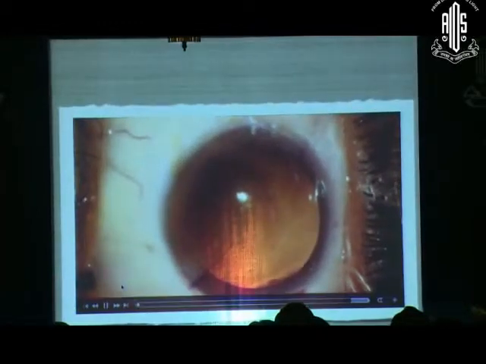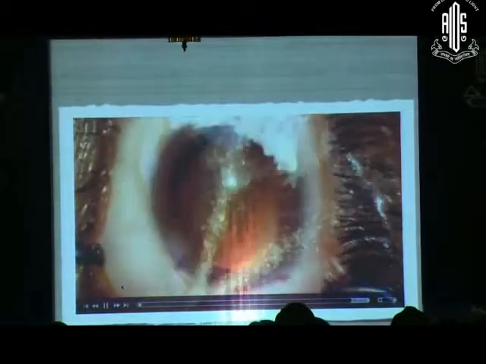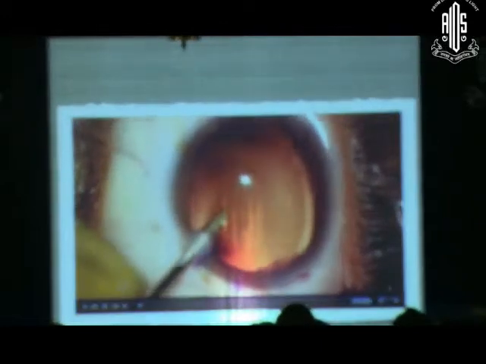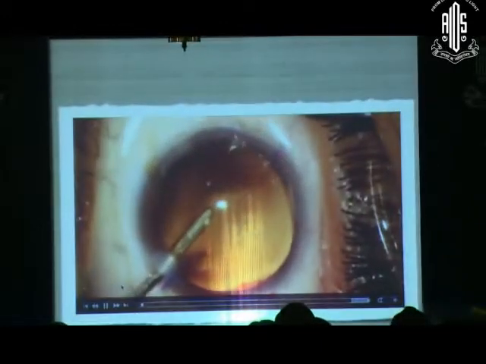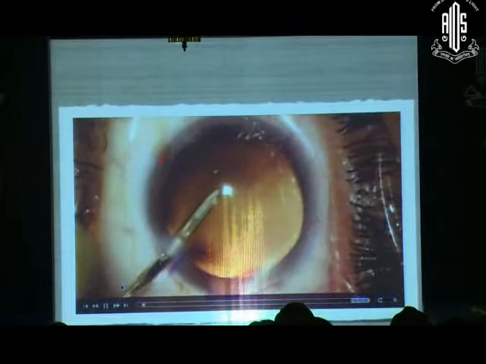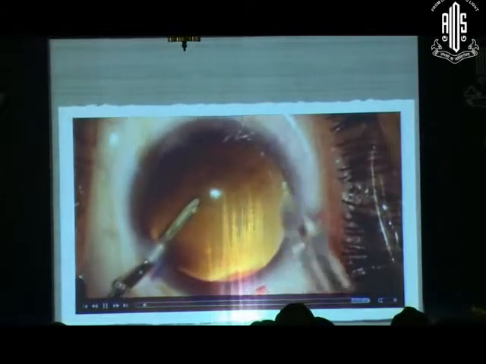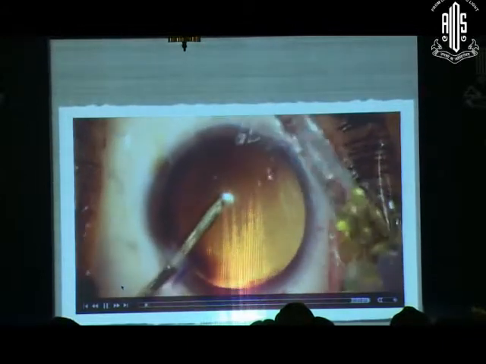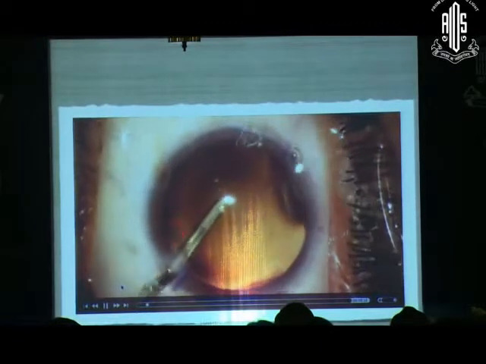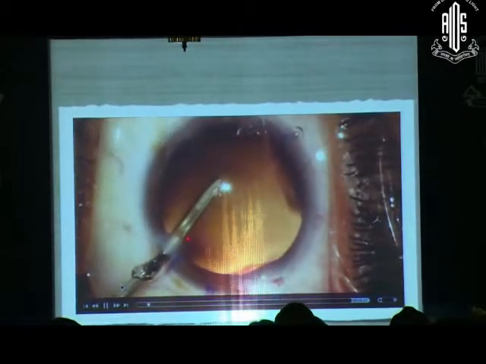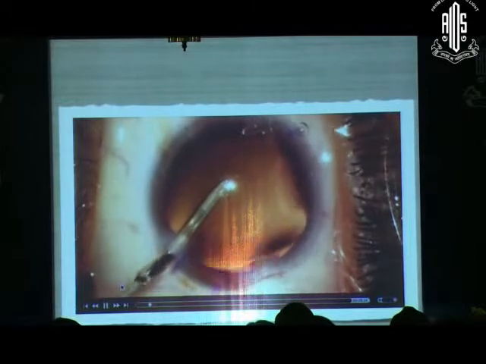This is another case. You can see. So I usually don't use OVD to implant the IOL. That is the hydroimplantation technique. This is my irrigation cannula in the eye. It maintains the capsular bag and the anterior chamber.